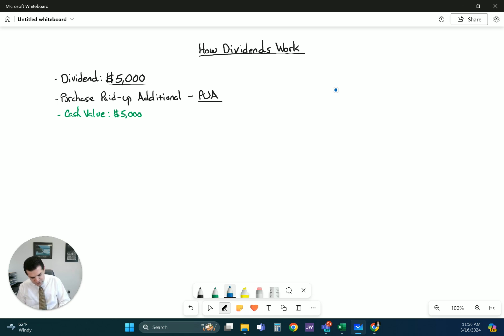But here's how it works. The dividend is reinvested into cash value, and it also purchases you additional life insurance. We'll call it here additional death benefit. This will depend on your age, but on average, it might be 3 times the dividend. So her death benefit increases by $15,000.